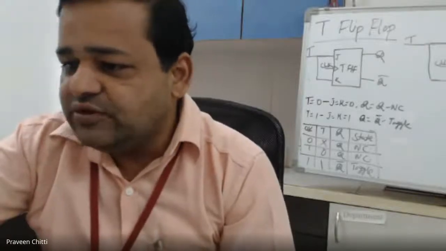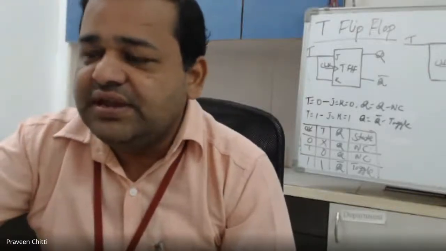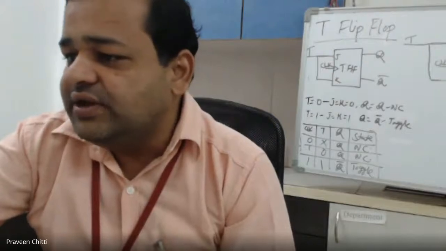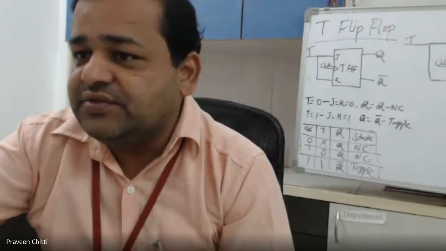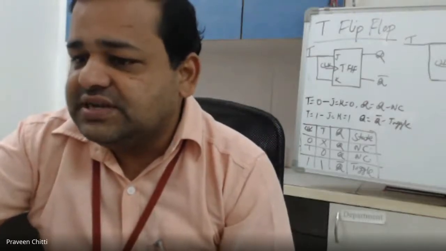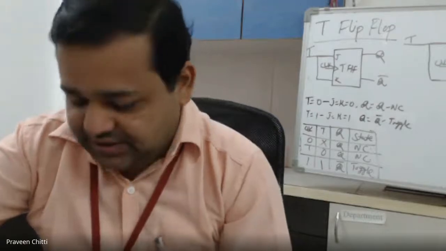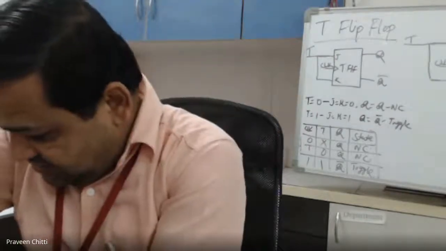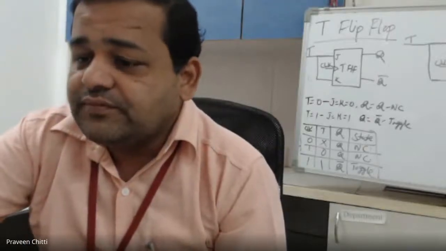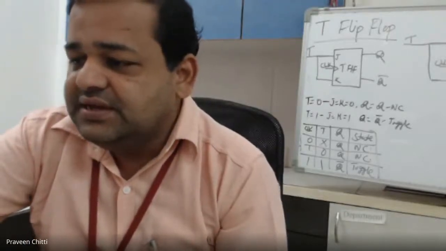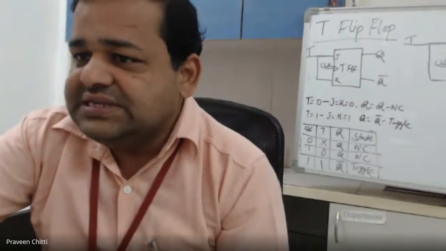Right? So before I close today's class, if you have any difficulties, doubts, you can ask. In the next class, I'll be dealing with the characteristic equation and the state diagram or state machines, what is called the state representation of the flip-flop. We will be doing that in the next class, and that will be there for your second CI test.